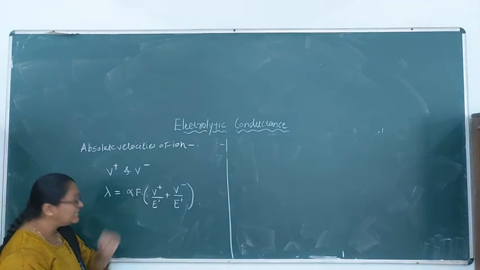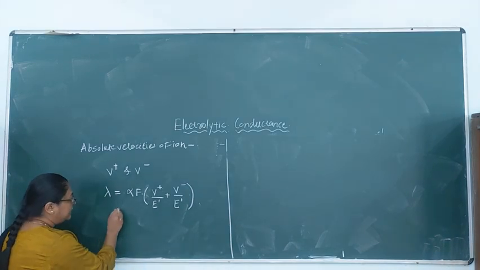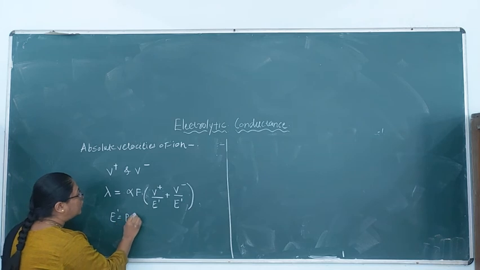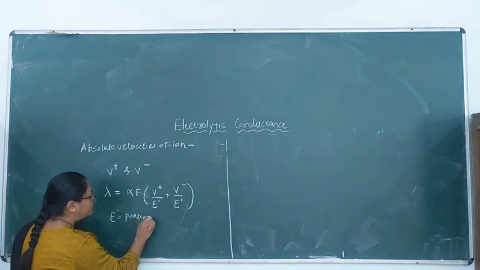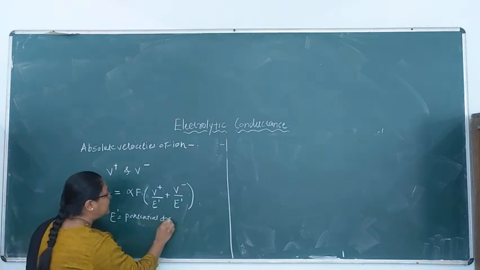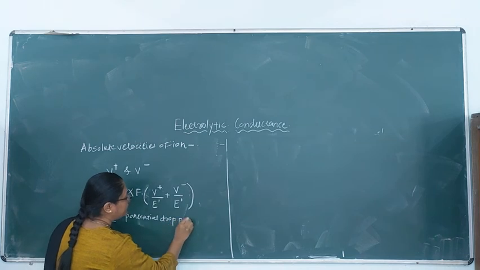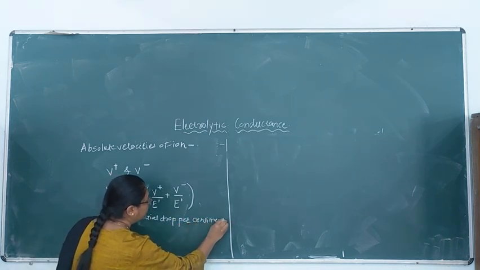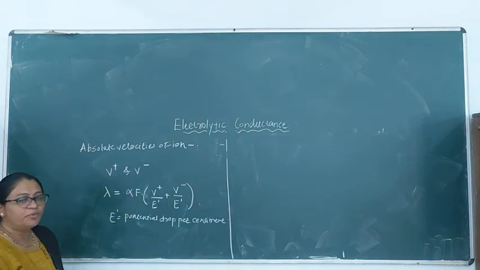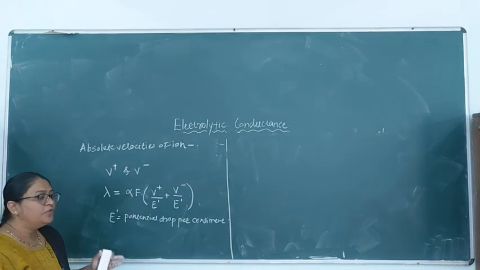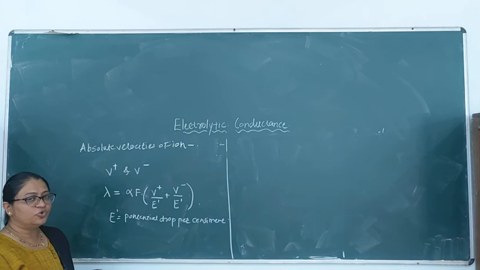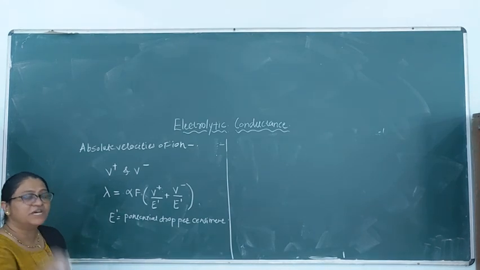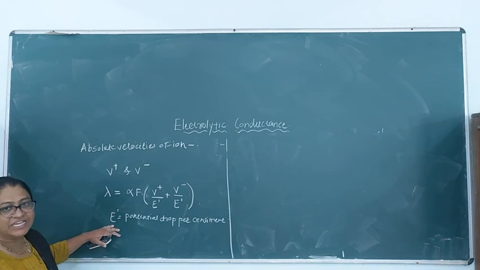Now, what is this E dash? E dash is nothing but the potential drop per centimeter. If you go away from the electrode, there is a decrease in the potential, and that decrease in the potential per centimeter is called E dash.